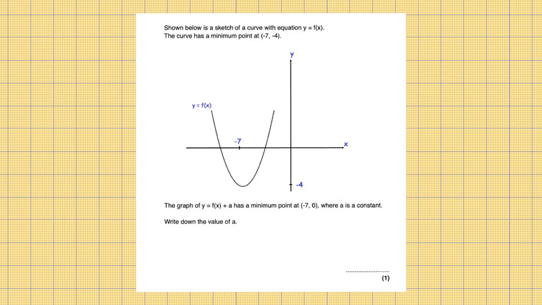Write down the value of a. The only change in the graph is that the minimum point has moved from minus 7, minus 4 to minus 7, 0. So the graph has been moved up 4 spaces. That means the value of a is 4. So a equals 4.